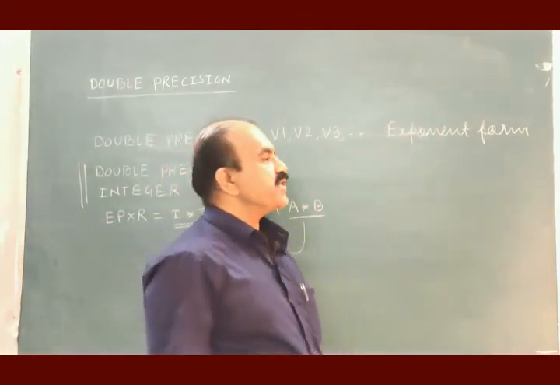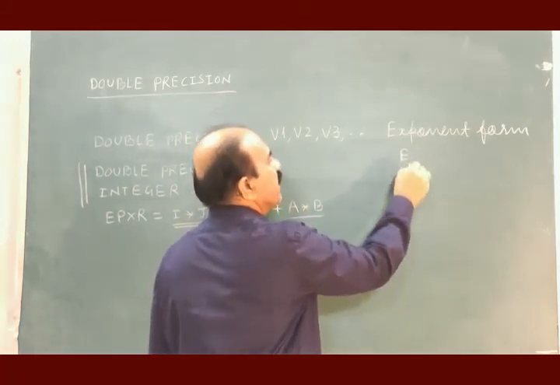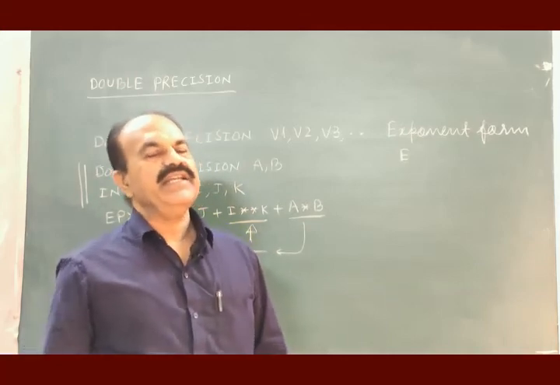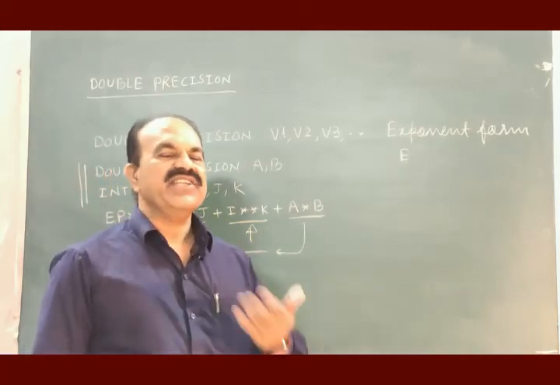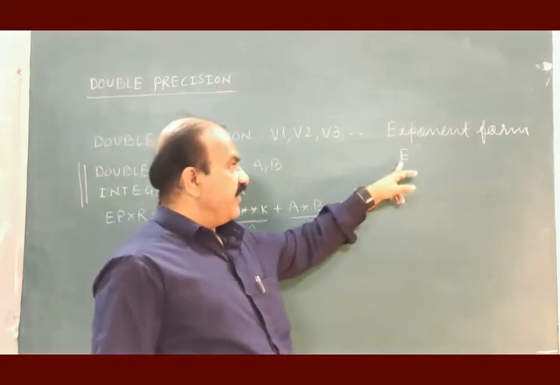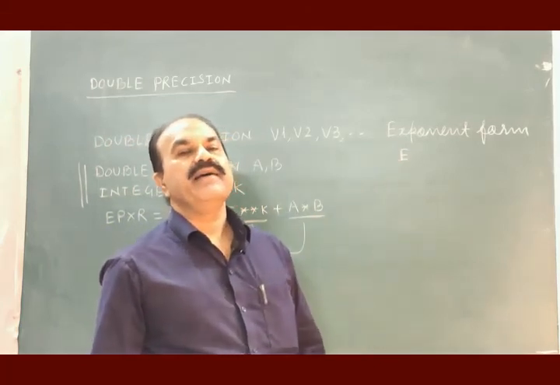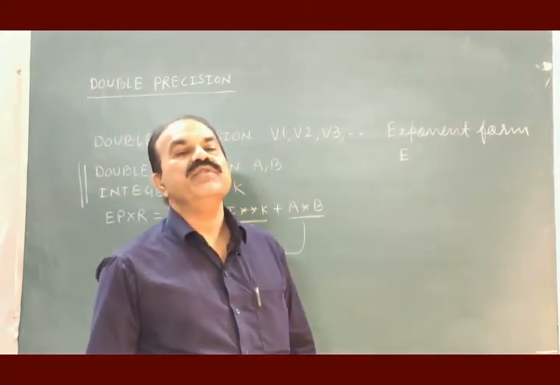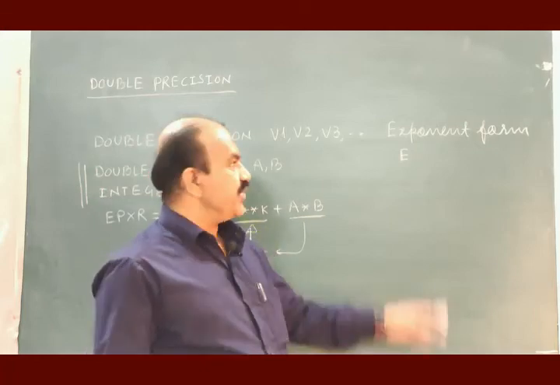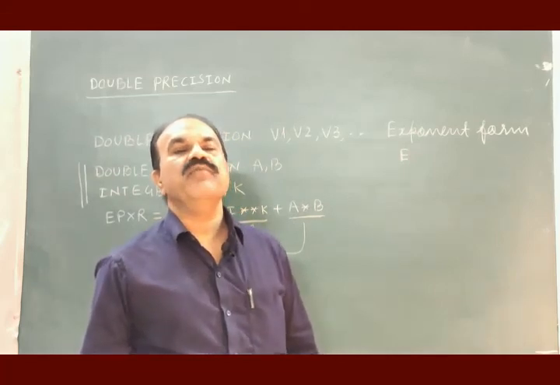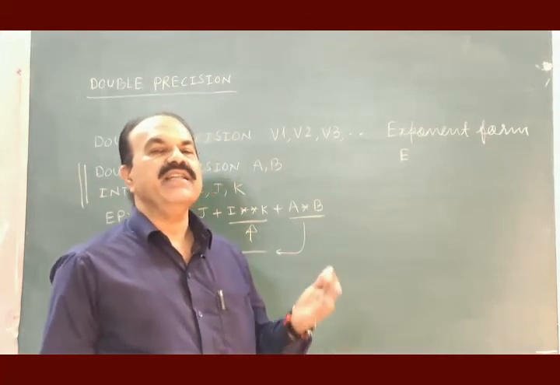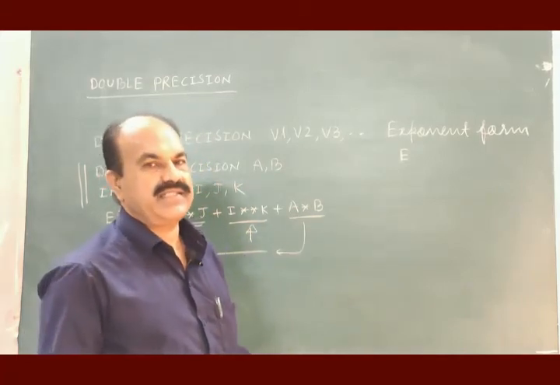You have used exponent form E for real variables in earlier units. Whenever we use E, the exponential form is used for a single precision real variable or real constant.